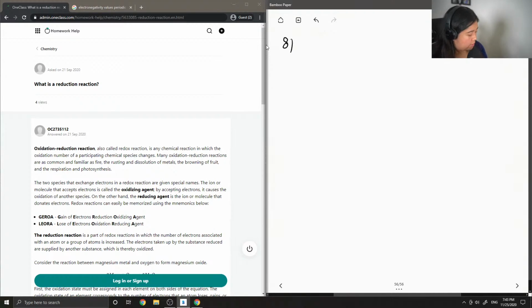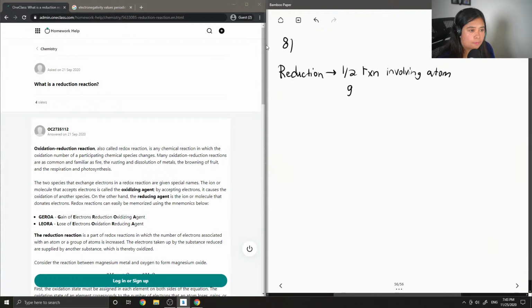What is a reduction reaction? So a reduction reaction is a half reaction that involves an atom gaining an electron.